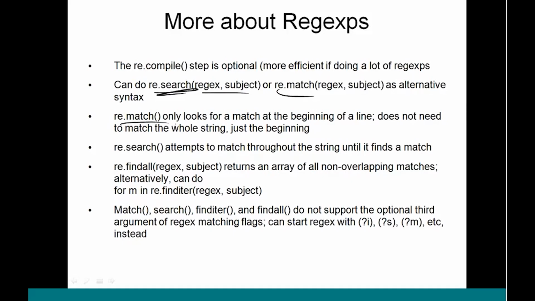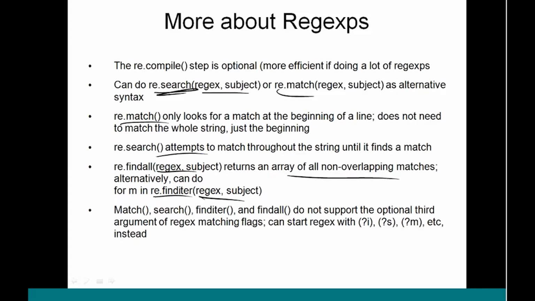The match only looks for a match at the beginning of the string. It does not need to match the whole string, just the beginning. The search attempts to match throughout the string until it finds a match. The findall with regex and subject returns the array of all non-overlapping matches.